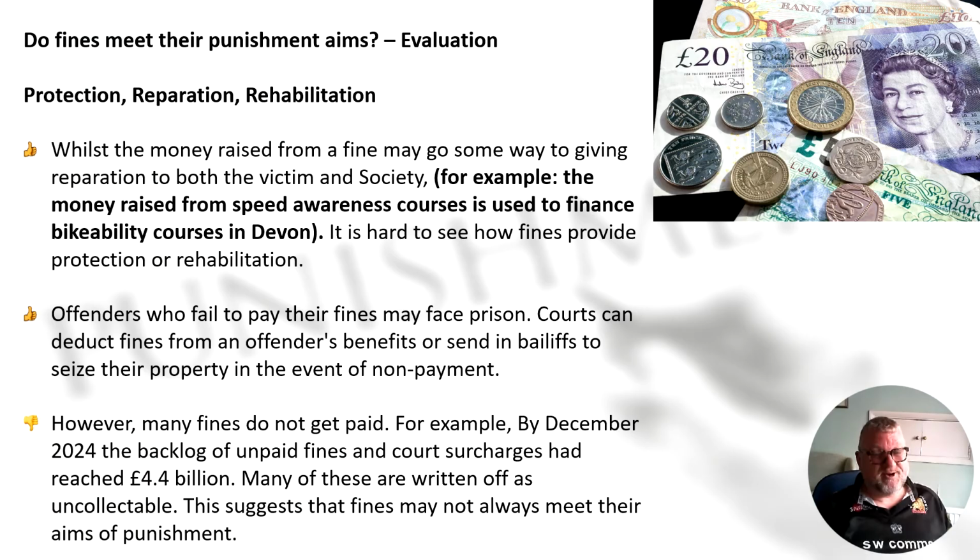Now, we've been looking at how much the various agencies of the criminal justice system are financed. £4.4 billion is actually more than some of the money that they get each year to do what they're supposed to do. Many of those fines have been written off as completely uncollectible. So you could argue that this suggests that fines don't always meet the aim of punishment. £4.4 billion, huge amount of money.